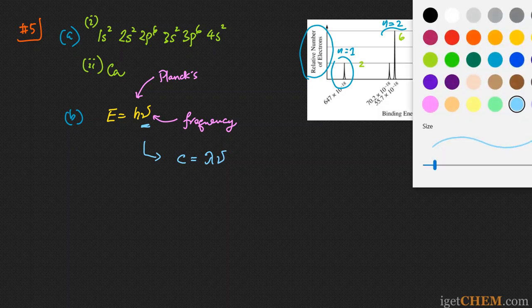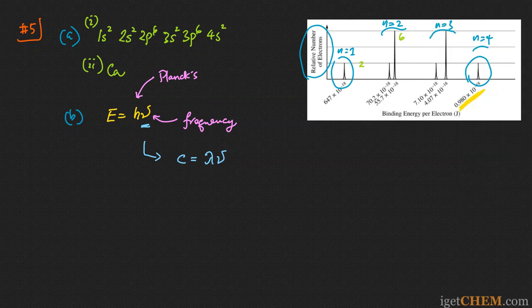So let me write down what these are. So this is now the wavelength, and nu is of course the frequency. c, of course, is the speed of light. So what you can do is to put all of these back together.